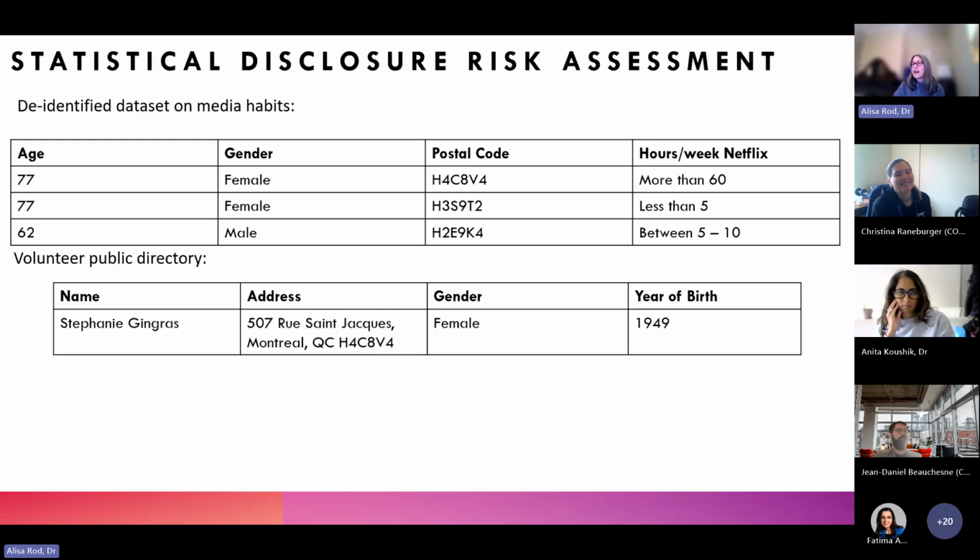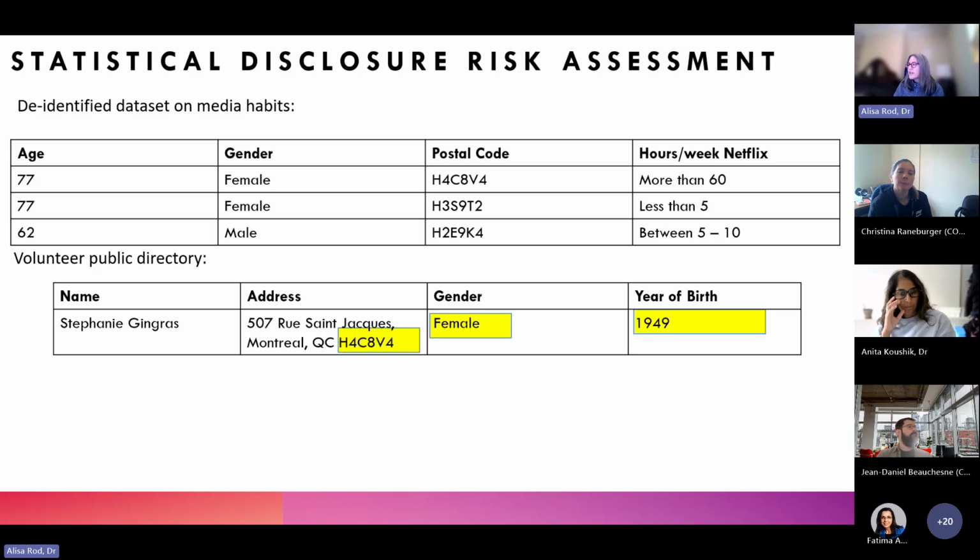Let's say we also have, separate from this data set, which is a research data set, a volunteer public directory. Stephanie Gingras volunteers for some organization and their directory is public. It has her address, for some reason her gender, and for some reason her year of birth, which probably wouldn't be in a public directory, but it could be in some kind of directory.